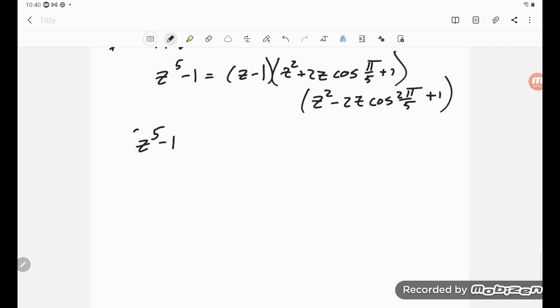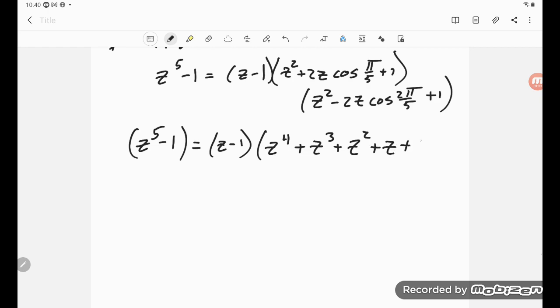I know I can factor this thing into z to the fourth plus z cubed plus z squared plus z plus 1. So that I know. And then I can work with some different values of z to kind of play around with this.